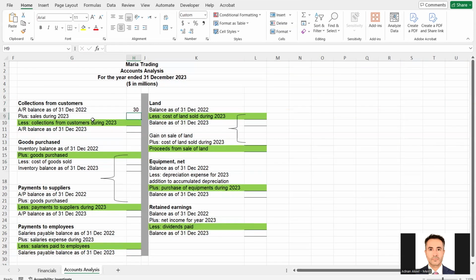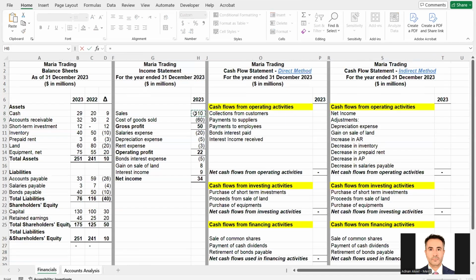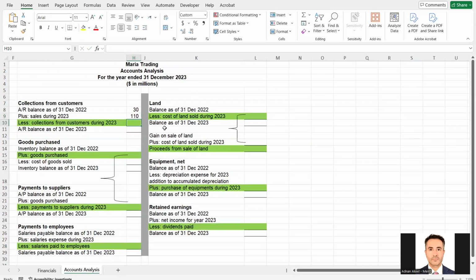I need to add my sales during the current year, 2023. This is linked with the sales in the P&L, 110 million. Logically speaking, if I started my year with 30 million and added credit sales, mostly sales are credit, 110, that will give me an AR balance of 140.